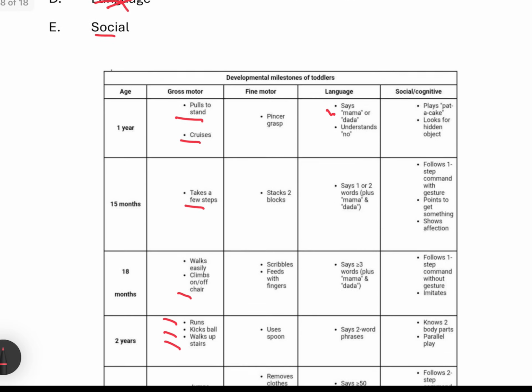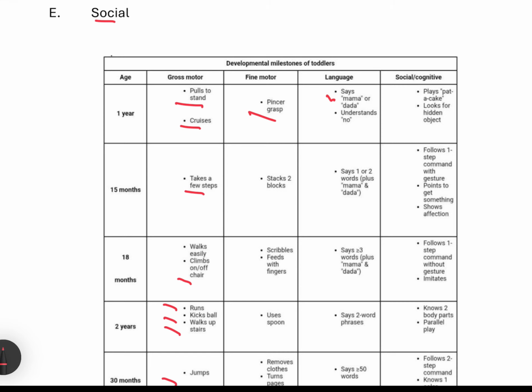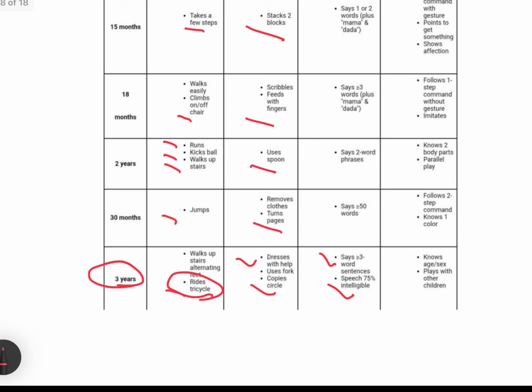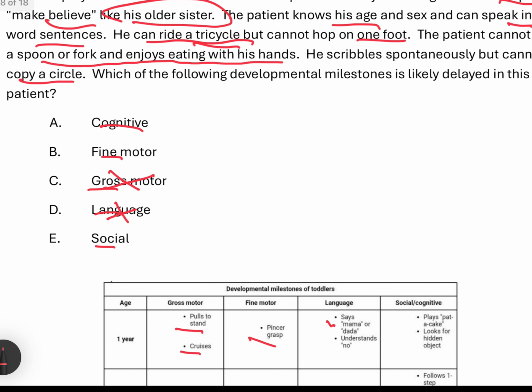Now we check fine motor. Fine motor: pincer grasp, stacks blocks, feeds with fingers, uses spoon, removes clothes, turns pages. Dresses with help, uses fork, and copies the circle. The same here: he is a 3-year-old and his mom is complaining that he is unable to draw the circle. He is unable to use a fork and spoon to eat the food. So the answer is fine motor.